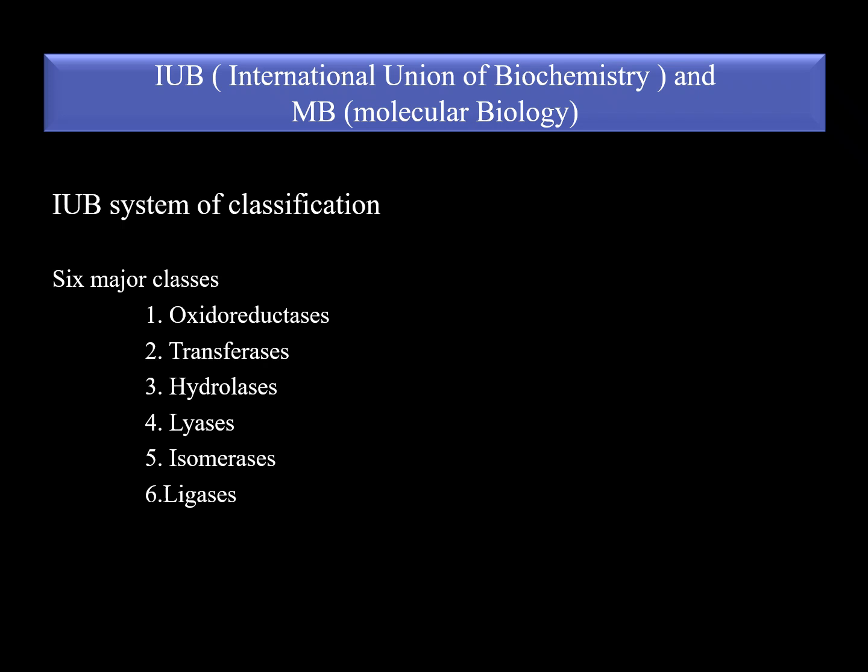The six classes are oxidoreductases, transferases, hydrolases, lyases, isomerases, and ligases. So remember the idea: classification depends on the reaction type, not on the enzyme name.